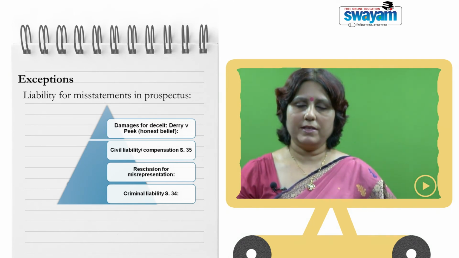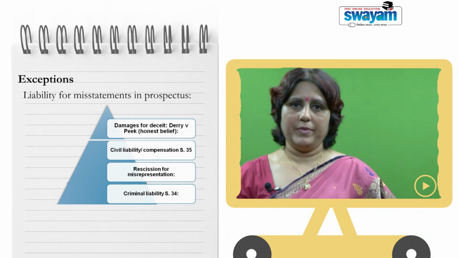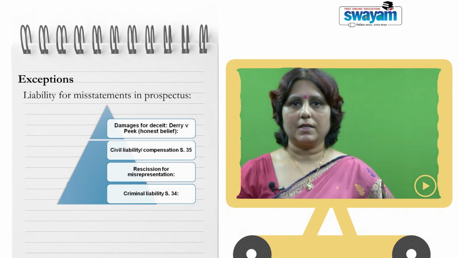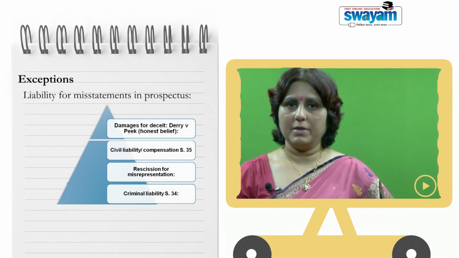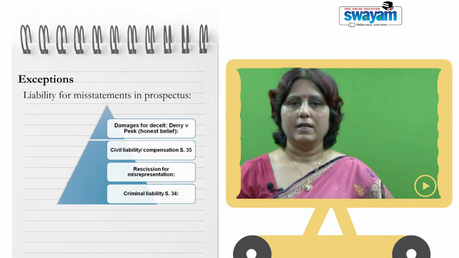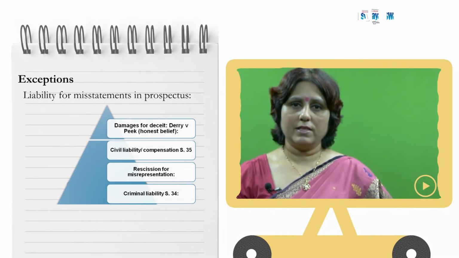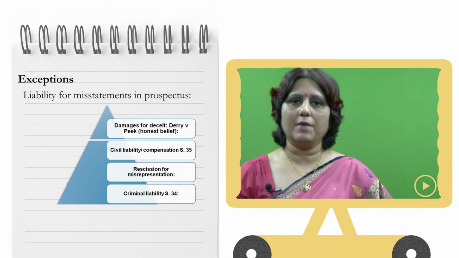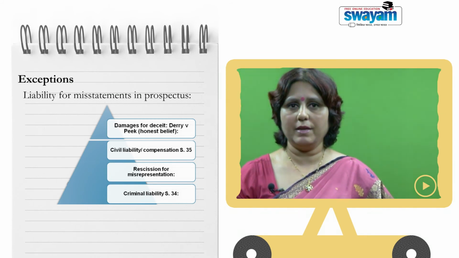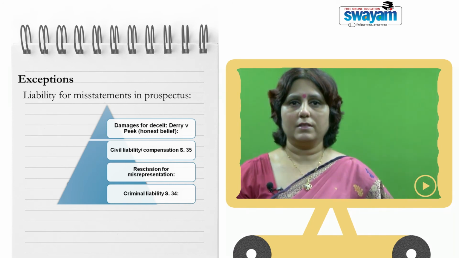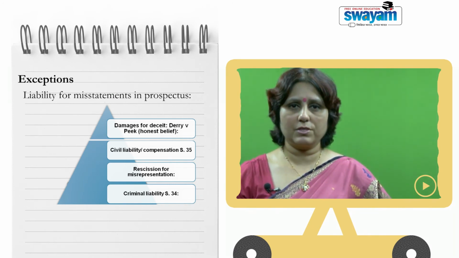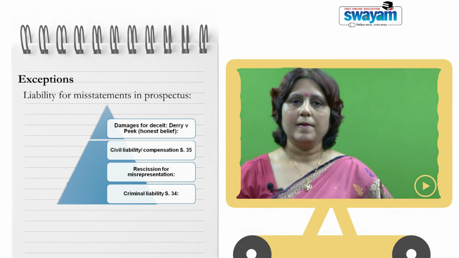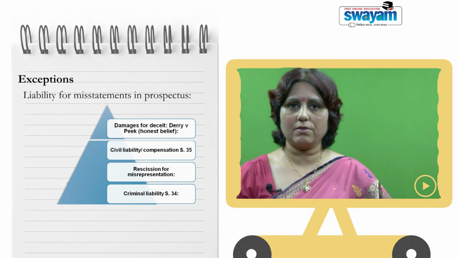Now what will be the defense for the directors? They can say that the statement or the fact was immaterial. They can say that they honestly believed, until the time of the issue of the prospectus, that the statement was true. They can also say that the person did not authorize the prospectus containing such untrue statement or misrepresentation, and when he came to know that it had been published, he gave a public notice of this.